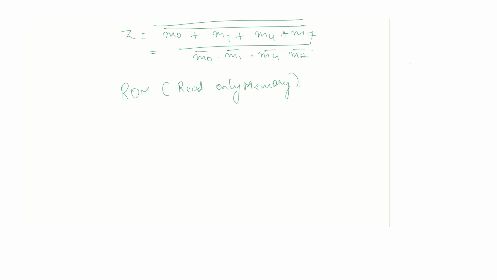Once the binary data is stored, you cannot change it under normal operating conditions. You can change it using ultraviolet rays or through electrical programming. There are many versions of ROM which allow you to change the data, but under normal operating conditions you cannot change the value stored in the ROM.